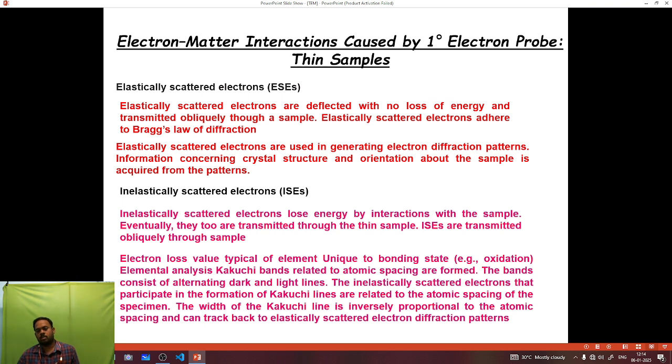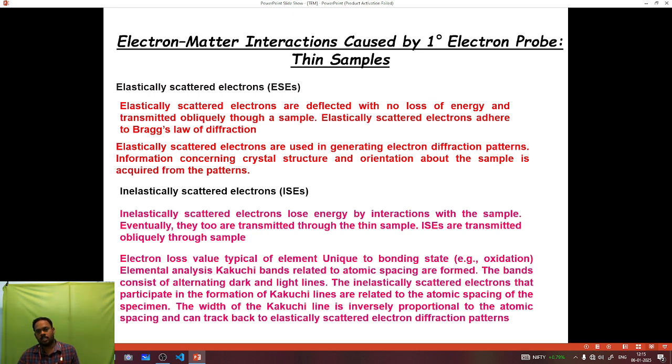From these two slides, we can easily understand that the transmitted electrons are responsible for image production, and the lighter and dark images will give you the idea about the lighter and heavier elements. Elements with low atomic number will show the light image, and the elements with higher atomic number will be shown as the dark image.